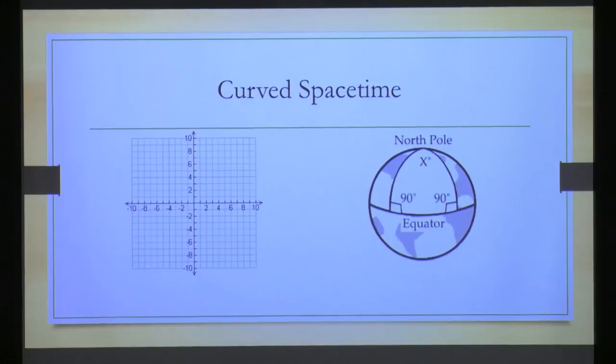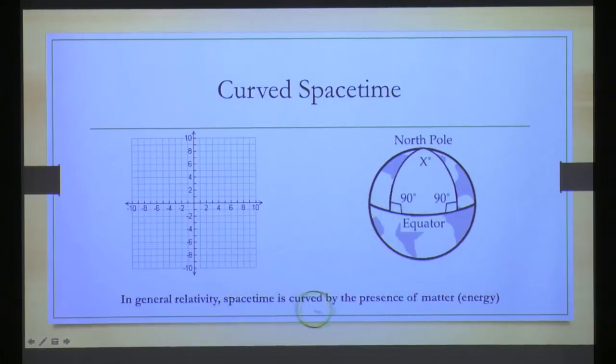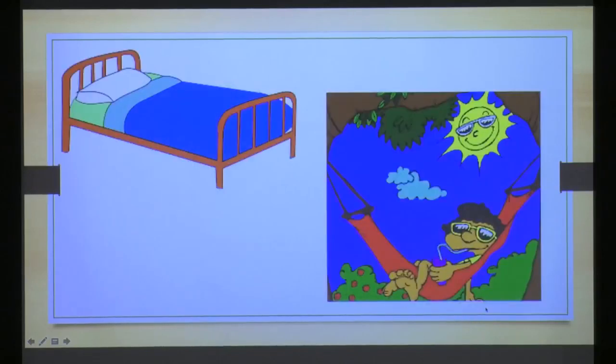And what is also very important is that in general relativity, space-time is curved by the presence of matter. So this is flat space-time, and this is curved space-time. This is important in special relativity. This is necessary for general relativity.